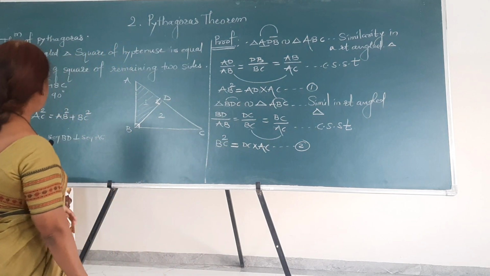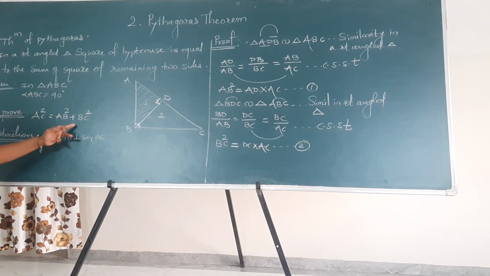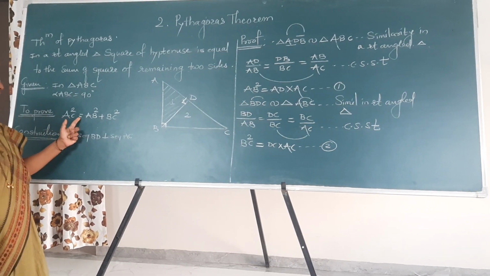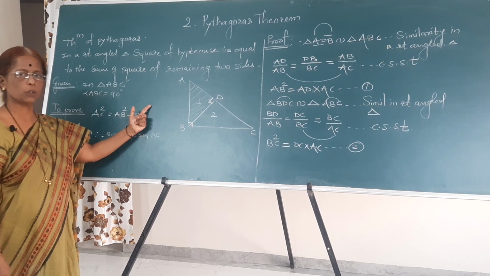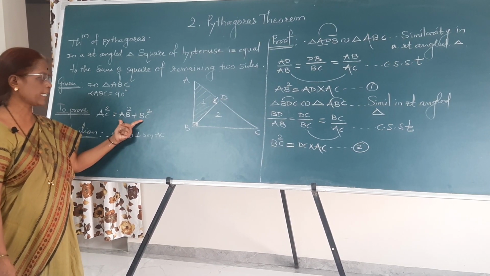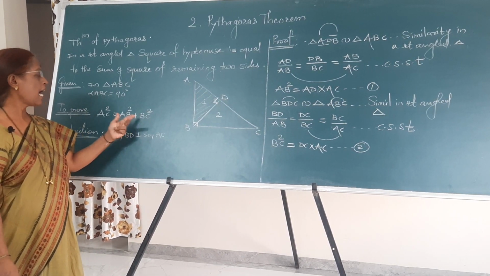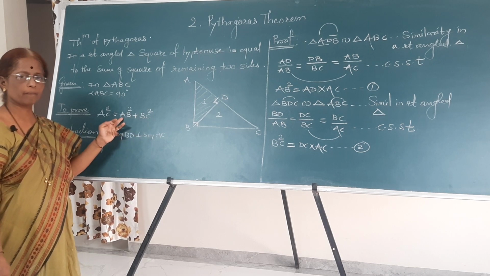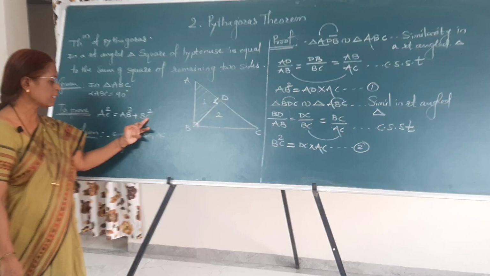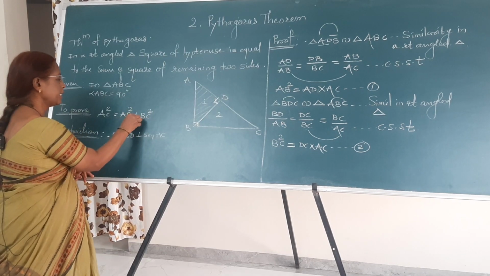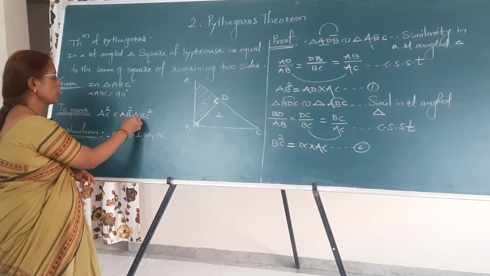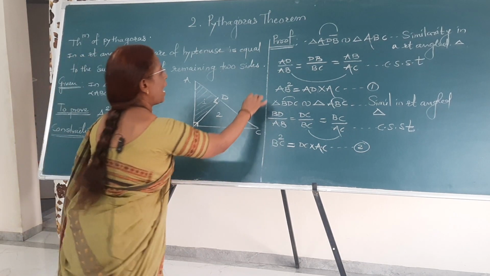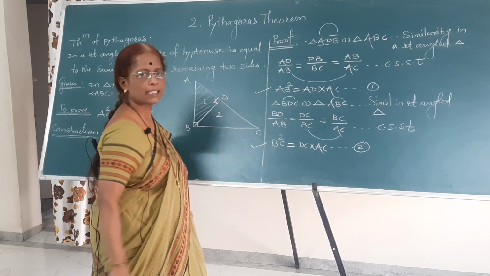Now come to what we have to prove. AC square is equal to AB square plus BC square, which means in the right hand side of this equation they added these two squares, AB square and BC square. So the same addition we have to take, which means we have to add the first and the second equation.